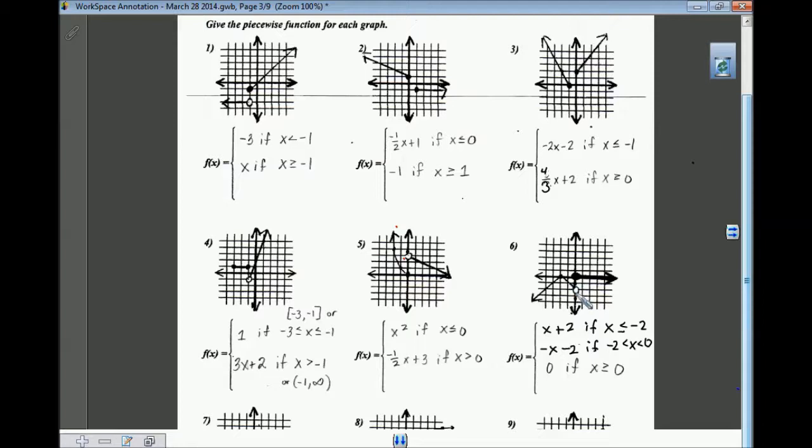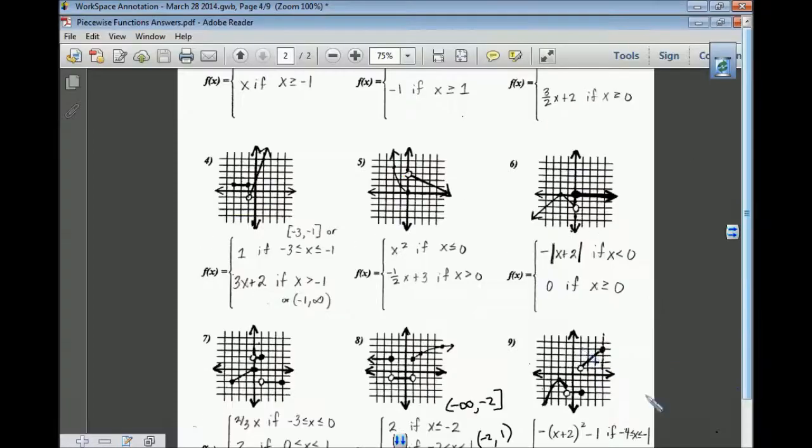This slope is negative 1. So these two could have been written as one absolute value function. You see that? Make that change. Because I was ready for it. All right. So do you see that instead of being written as a ray and a segment, it could have just been written as one single absolute value function.